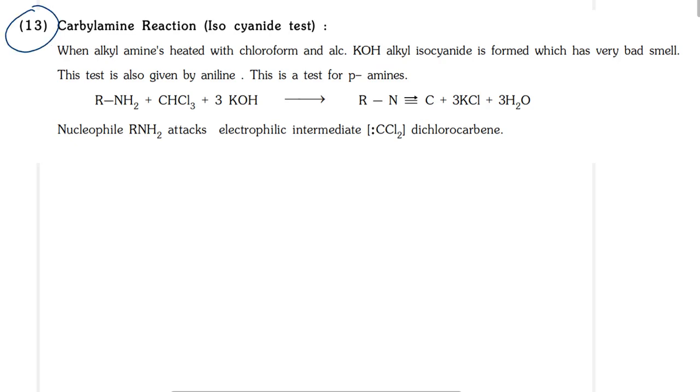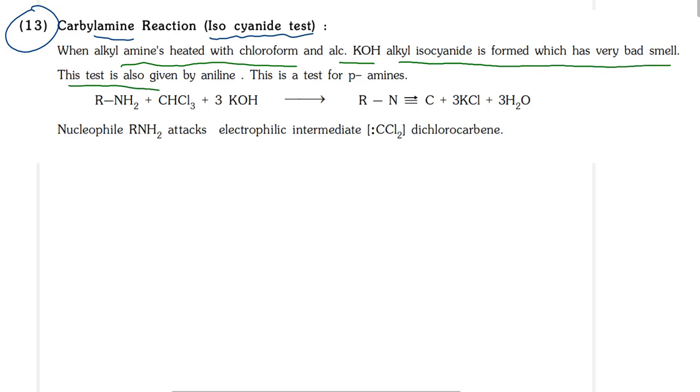Next, carbylamine test. This is the distinguishing test also. It is also known as isocyanide test. When alkyl amines are heated with chloroform and alcoholic KOH, alkyl isocyanide is formed, which has a very bad smell.